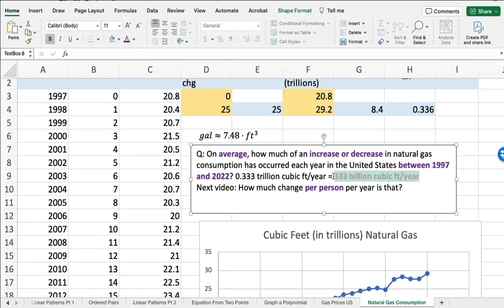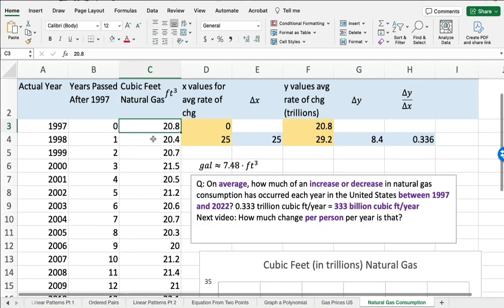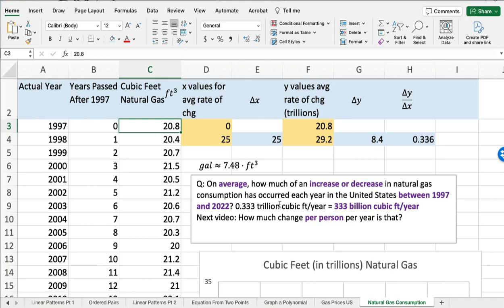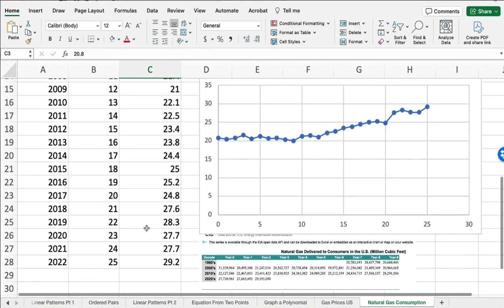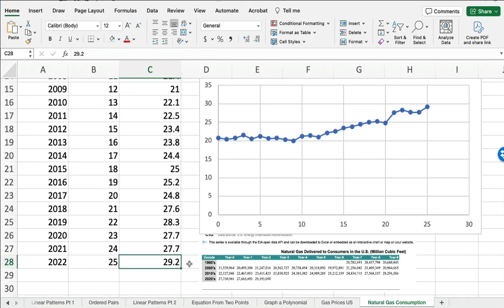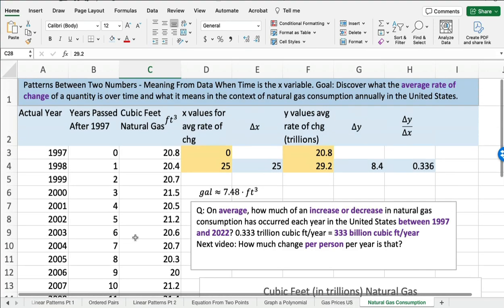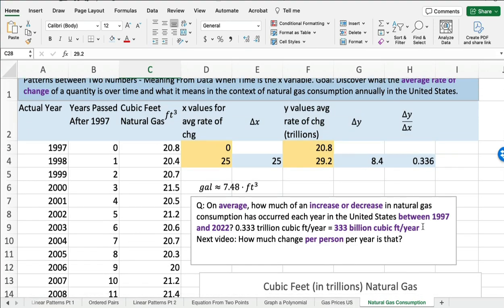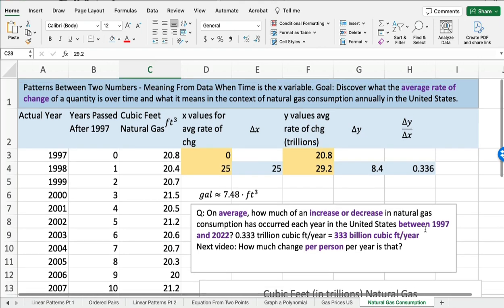It says every single year we would have to add 333 billion to that initial amount of 20.8 trillion. And eventually, after 25 years, we would get to 29.2 trillion in 2022. That's the meaning of average rate of change. It averages out, like, what if it's a constant amount every year that we're increasing by.